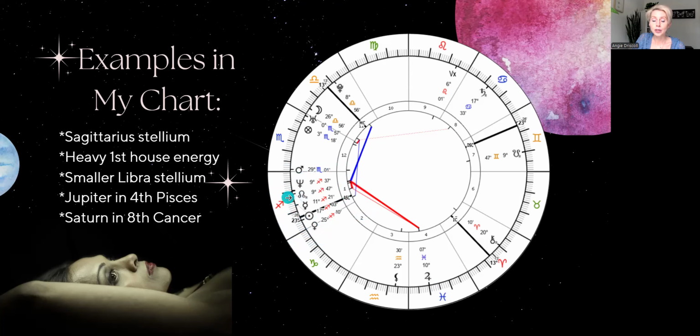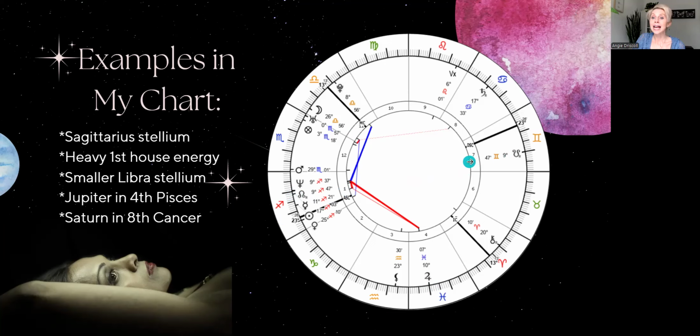But here's another thing to look at. The North Node is here. With the North Node here, this is the direction that you are meant to go in your life, but it is not necessarily a comfortable place for you to be, because your South Node is where you came into this life with the most experience. It is where you feel comfortable.